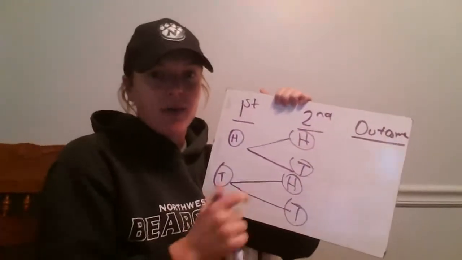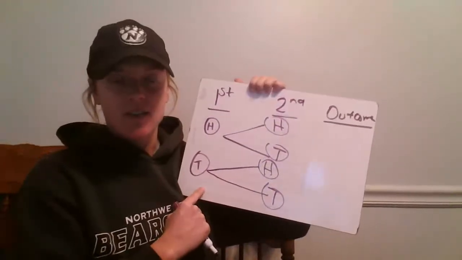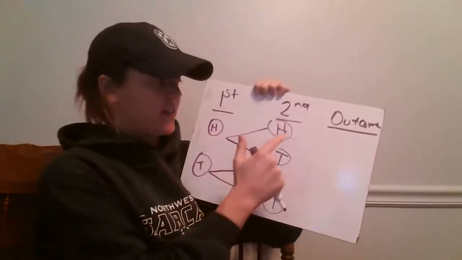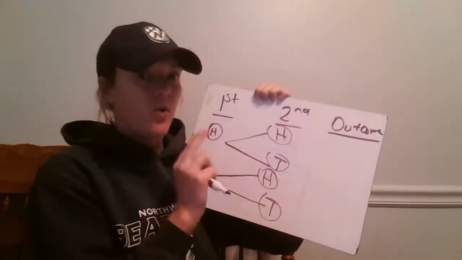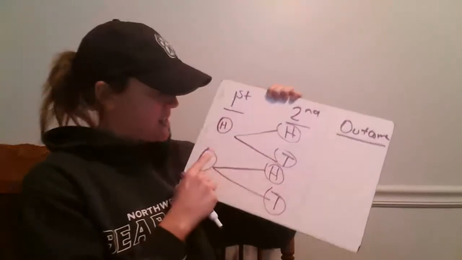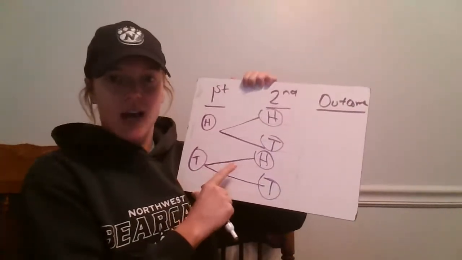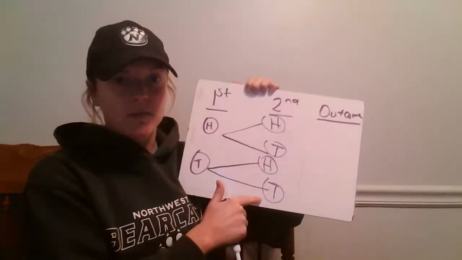The first flip was either heads or tails. Then I flipped that same coin again and it landed on either heads or tails, because they're the only two outcomes that I can have. Same thing if it landed on tails the first time: I flipped it the second time and it was either heads or tails, okay?